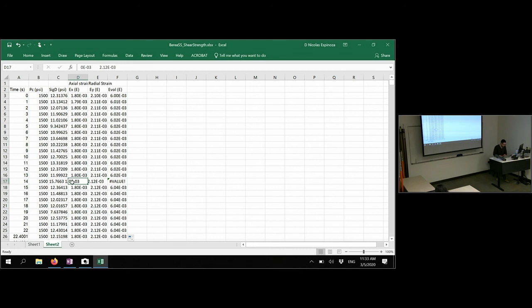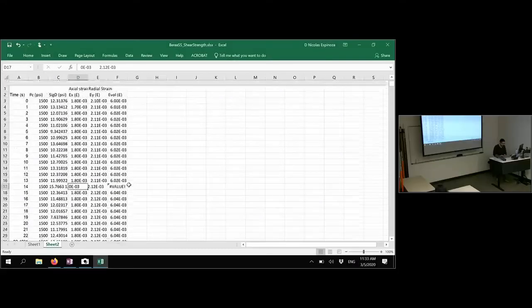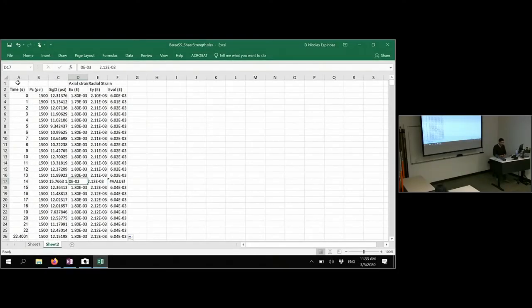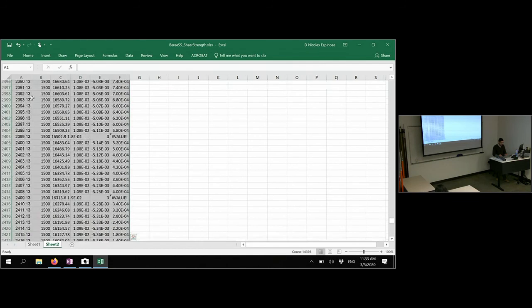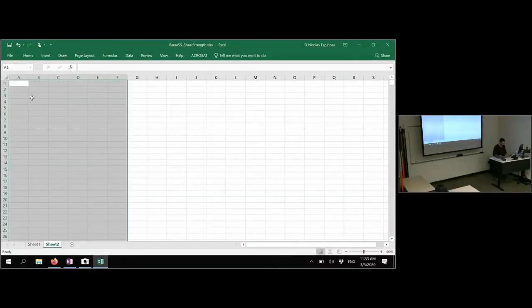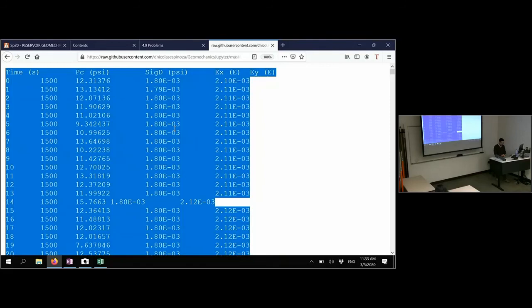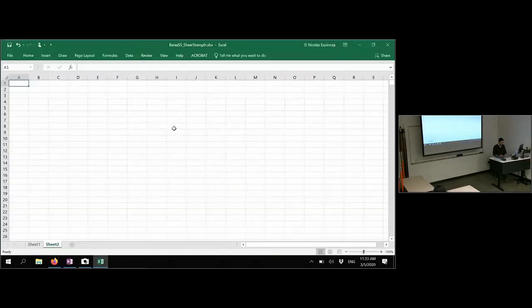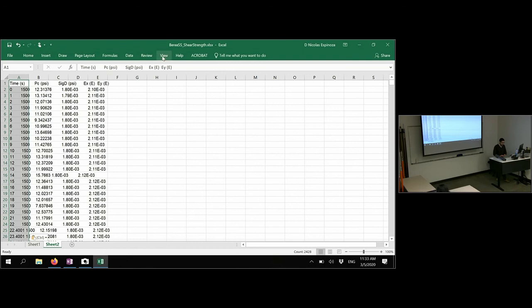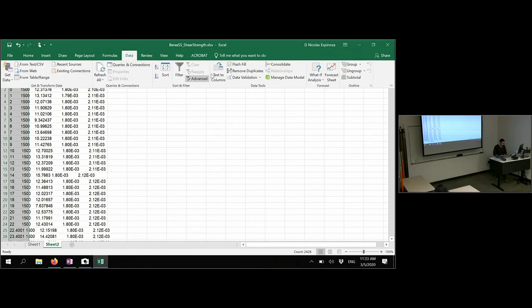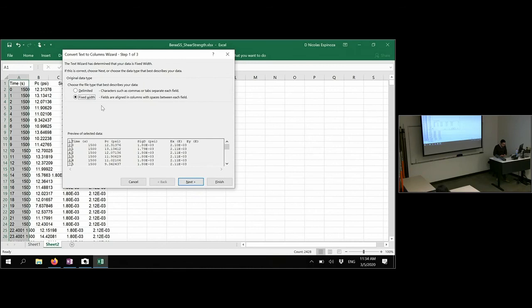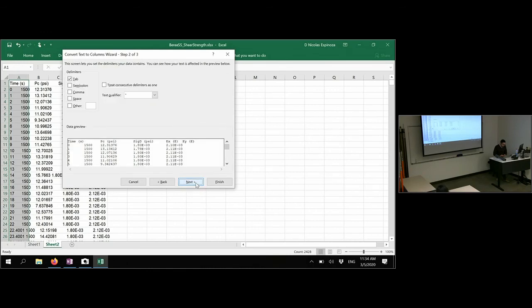What's going on here? Wait a minute. Okay, apparently there was a problem with my data, so let me do this again. Okay, I'm going to put tab and space, both of those.